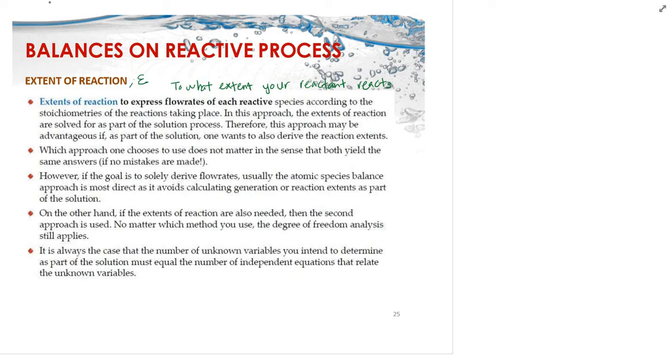Assalamualaikum students. In this video, I will introduce the concept of extent of reaction. We use this to express the flow rate of each reactive species according to the stoichiometry of the reactions taking place.